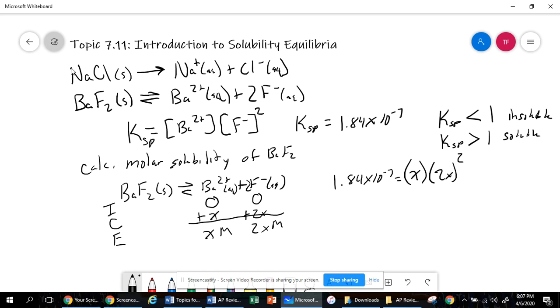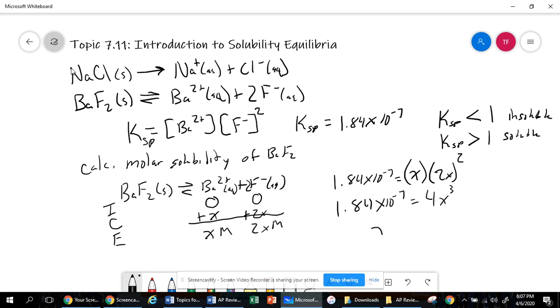Now we're just going to figure out the value of X, which is the concentration of barium at equilibrium. Doing some algebra, we get 1.84 times 10 to the negative 7 equals 2X squared, which is 4X squared, times X, giving us 4X cubed.